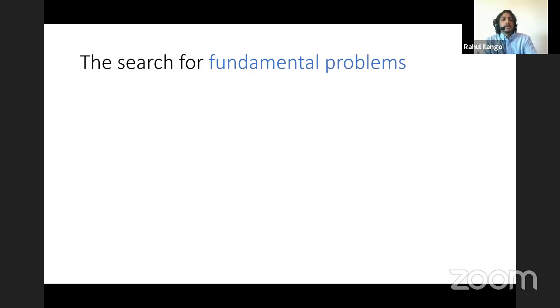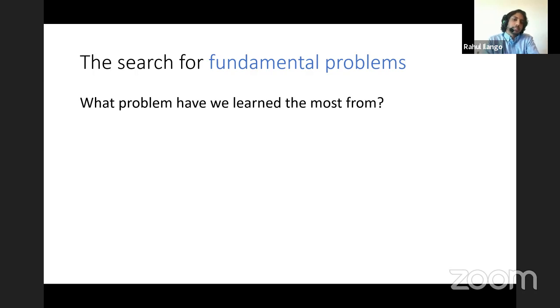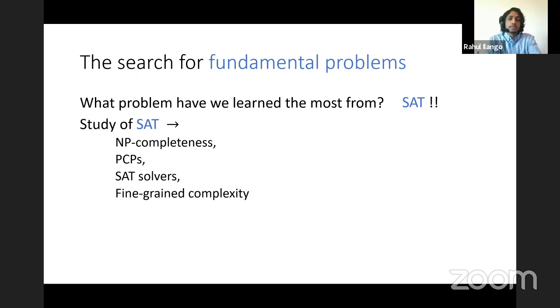If you look back in complexity theory and think about what problems we have learned the most from, what we have gained the most understanding from, there are problems that stand out like SAT. And what's interesting about SAT is that by studying it, we learned about all these amazing things. We learned about NP completeness, we learned about PCPs, built practically useful SAT solvers, developed a theory of fine-grained complexity.